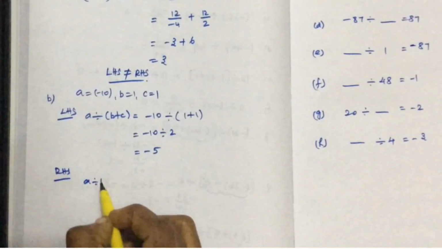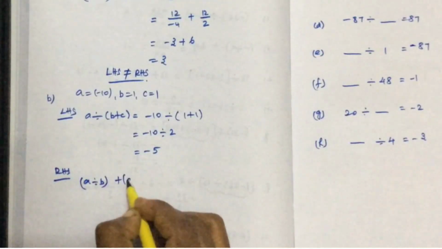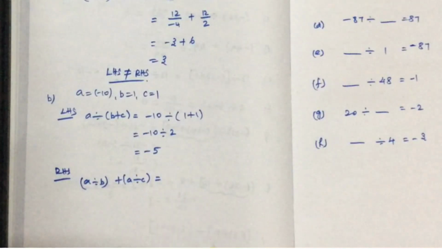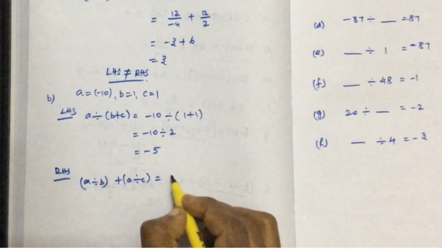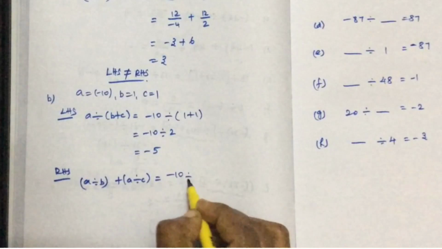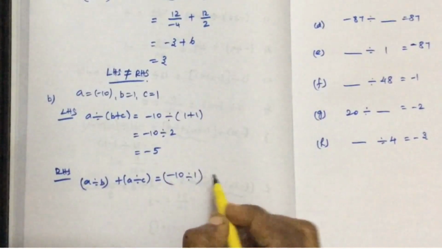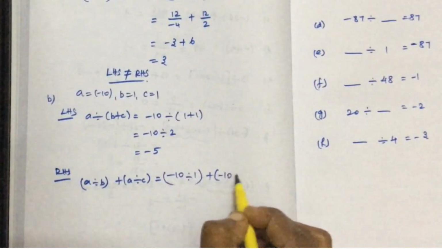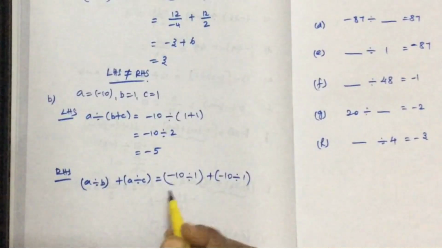Right hand side is A divided by B plus A divided by C, that is equal to A is minus 10 divided by B is 1 plus A is minus 10 divided by C is 1.